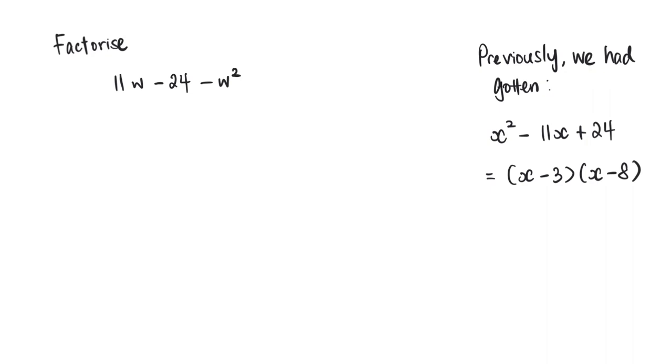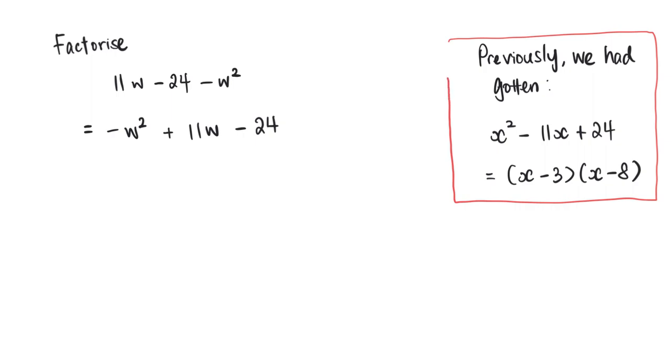And if I were to rearrange it by placing my negative w squared in front, positive 11w followed by negative 24, I start to see some similarities with what we had gotten previously at the right hand side of the screen in the previous part of the question. Yeah, similar, but still not quite the same.